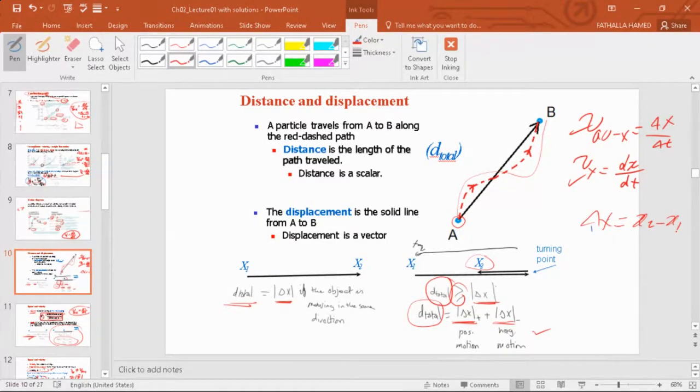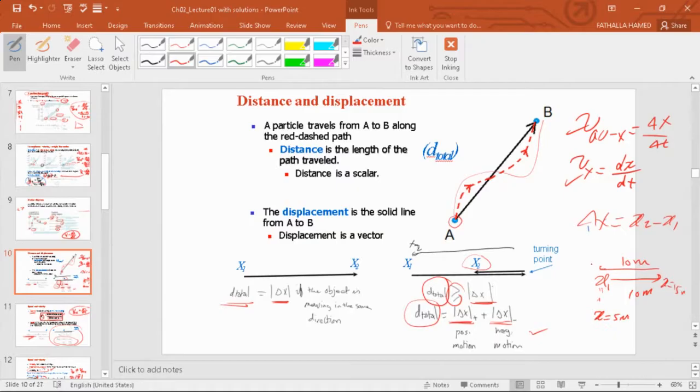Now, you may wonder: if you start from x1 and then you move 10 meters and then you come back 10 meters, and I ask you about the displacement, you will tell me, if x1 is, let's say, 5 meters, then x here will equal 15 meters, but when you come back, x2 is equal to 5 meters.